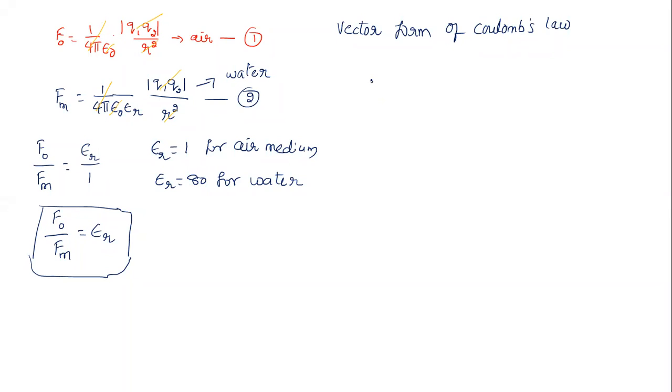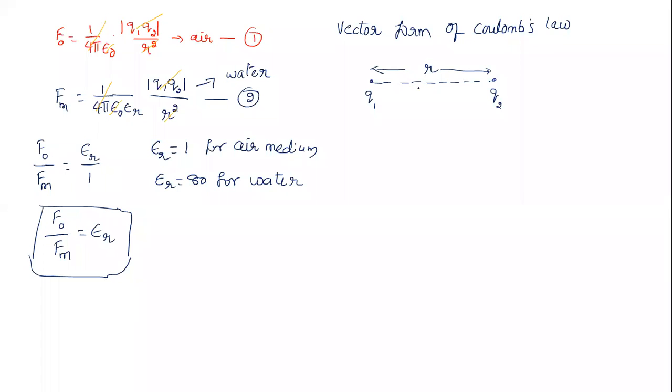Let us consider a charge Q1 and one more charge somewhere here, Q2, and these two are separated by some distance, let's say R. Later I'll explain more particularly what exactly R is.